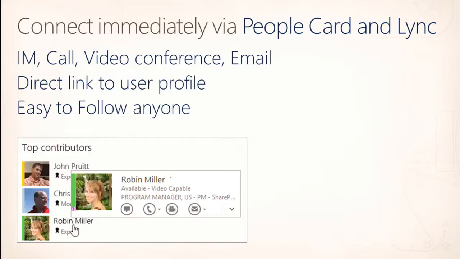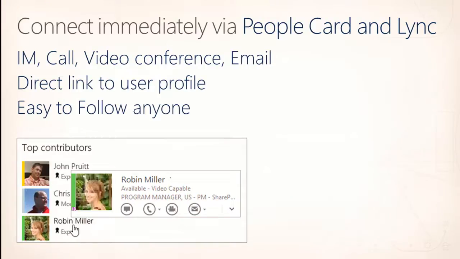So again, we didn't demo it quite, but you can connect instantly to people in communities, and really we've scattered this people card all over SharePoint within lists and libraries and other places in the microblog and so forth. That means I have the ability to IM, to phone, to have other kinds of communications with people that I care about, to start a video conference and so forth.